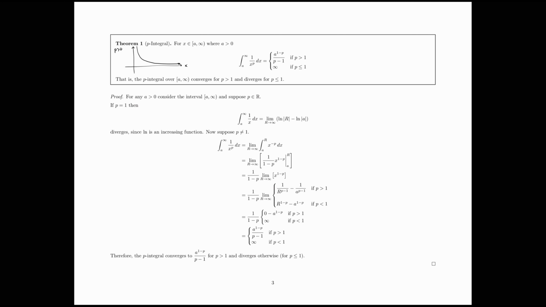The bigger p is, the more steep and rapid this transition is. But here we're going to be integrating from some value a all the way to infinity, so this integral represents the area from a to infinity.